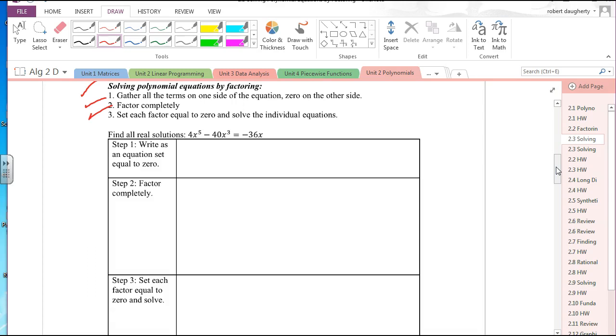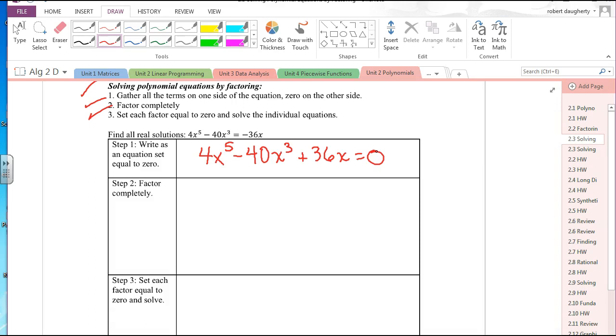If I look at this, first step I want this equal to 0. So I'm going to write 4x^5 - 40x^3 + 36x = 0. It is set equal to 0. Now I want to factor. The first thing you want to try in every factoring, if at all possible, is factor the greatest common factor.